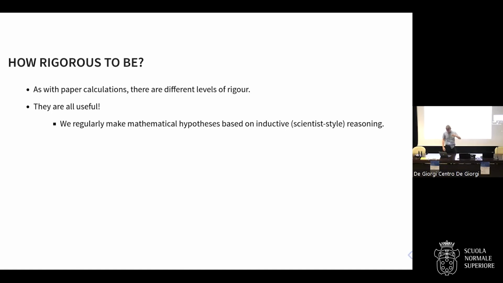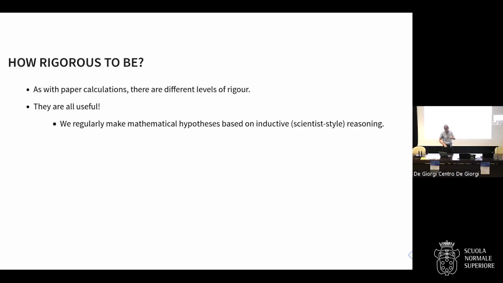These all have their place. Sometimes there are obviously upsides to being more rigorous, because you have this kind of result that is true for all time in all places.